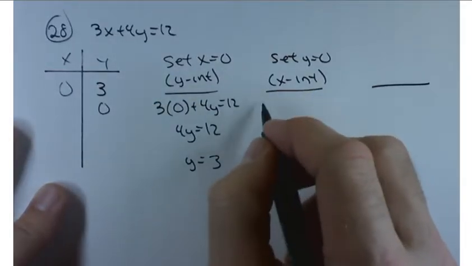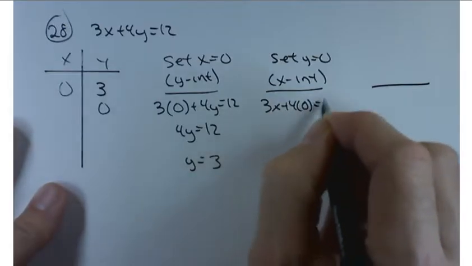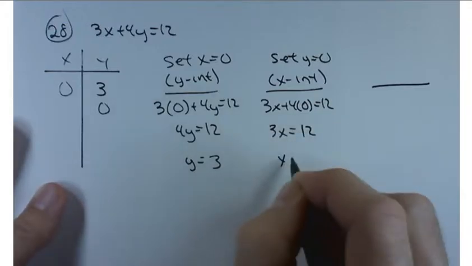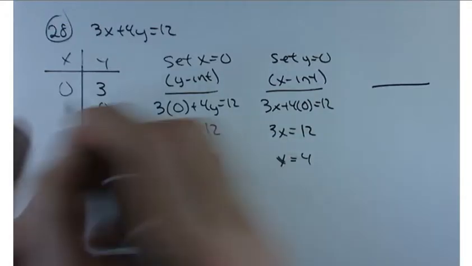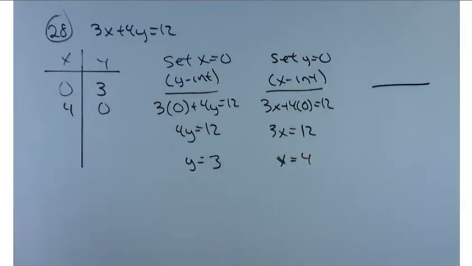Flip things around. We'll set y equal to 0. 3x equals 12, so x equals 4. Two down, one to go.